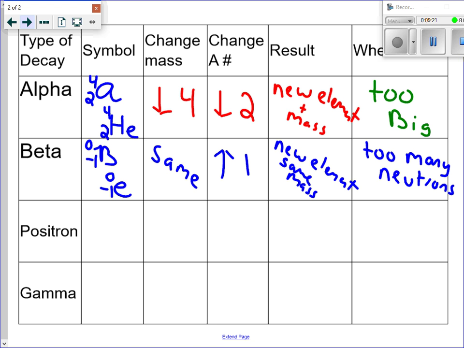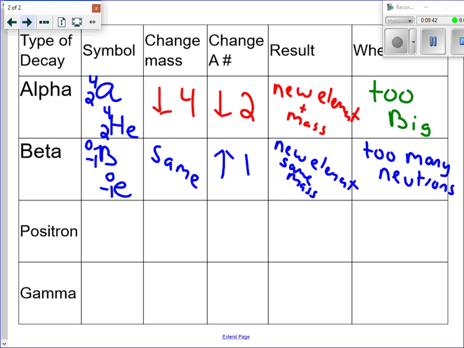A proton. That's the easiest way to explain beta decay. That's why that video talked about the fact that beta is like a stream of electrons. Because in essence, that's why we use a lowercase e, the symbol for an electron: a neutron is like a proton and electron combined.